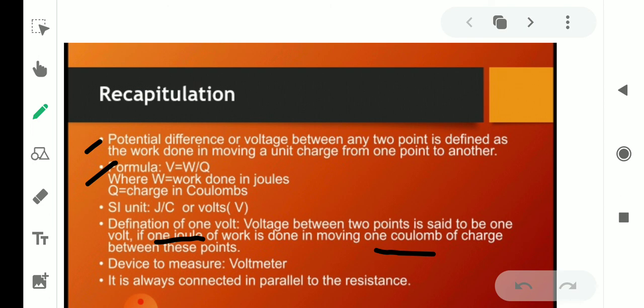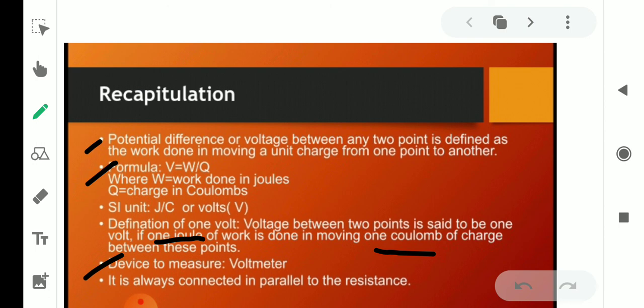Next, we had studied about the device used to measure the potential difference. The device which was used to measure voltage is the voltmeter. And the next thing you have to remember, voltmeter is always connected in parallel to the resistance.